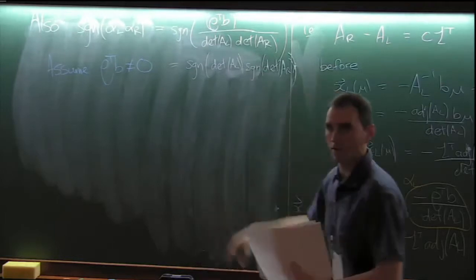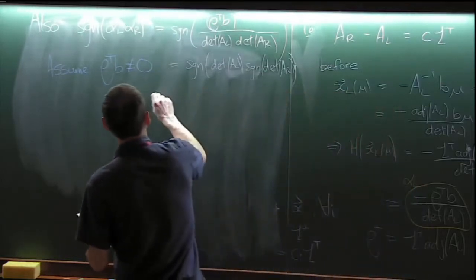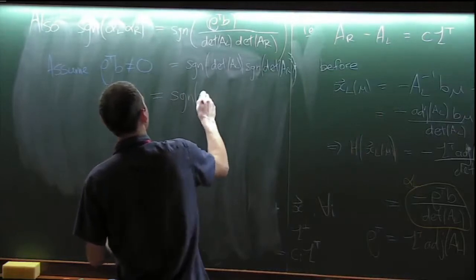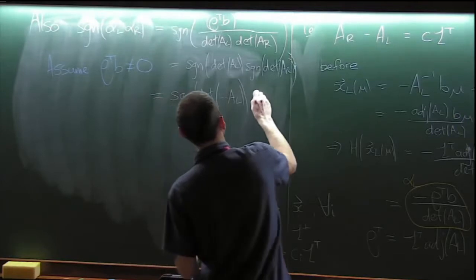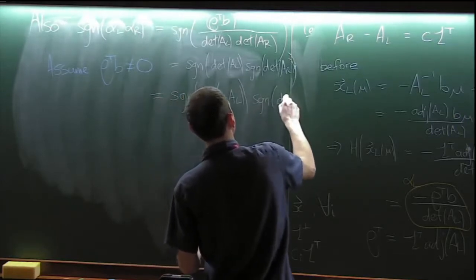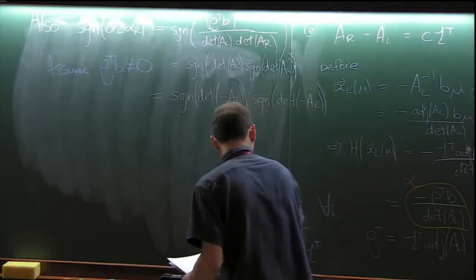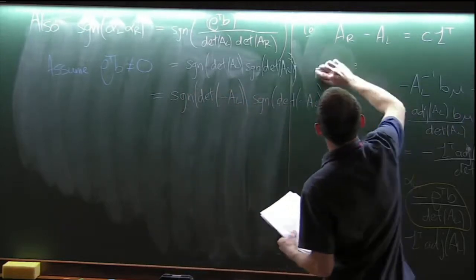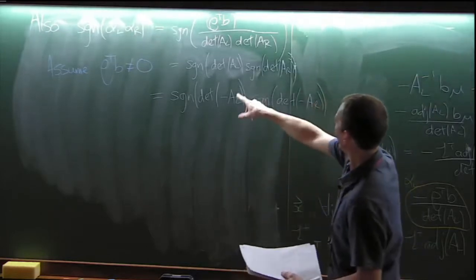Instead of dividing by determinants, I can multiply, because I'm just looking at the sign of them. Minus AL. Minus AR.